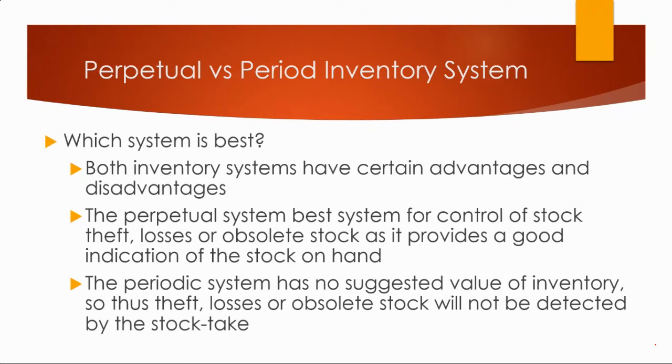Okay, so it's generally stock that is still usable, but because of the fact that technology changed or fashion changed, it will no longer be sellable. So we call it obsolete stock and we write it off. Okay, does that make sense? Any questions on the two systems and why the one is not necessarily better than the other one?